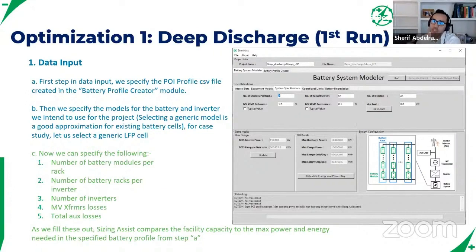Similarly, if you surpass the short circuit threshold of the inverter, you'll also get a message saying the number of racks for this specific inverter is creating too much short circuit current, which makes the simulation inaccurate. So you have to put in a reasonable design.